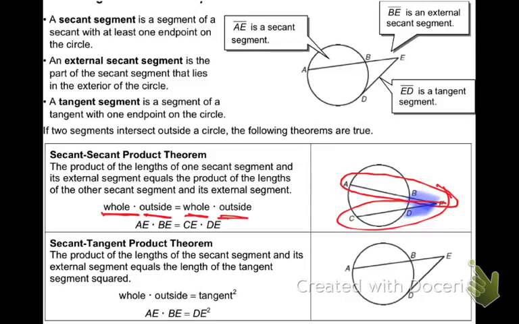And then a secant tangent is, yet again, the whole times the outside equals now the tangent squared. So recognize that. It's a little different. These are a little bit tougher just because there's a little bit more going on.